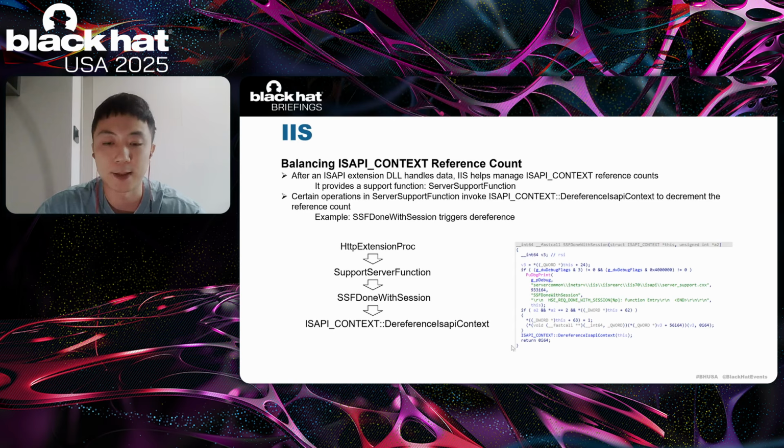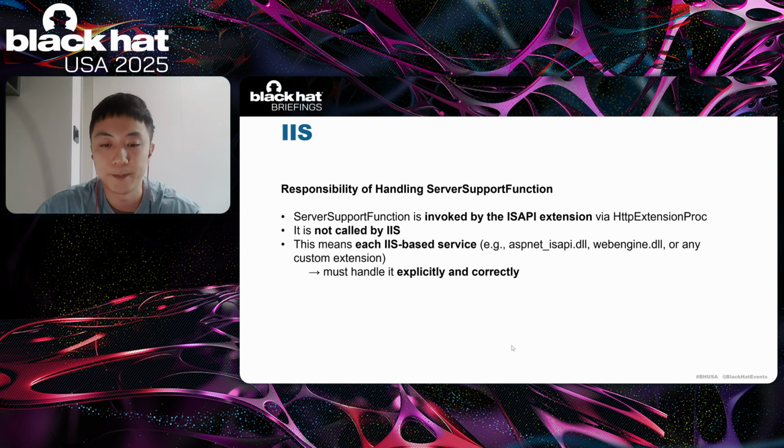IIS provides the server support function, which is a dispatch function with different branches for various needs. To ensure the IIS API context reference count remains balanced, some branches in the server support function will decrease the reference count of the IIS API context.